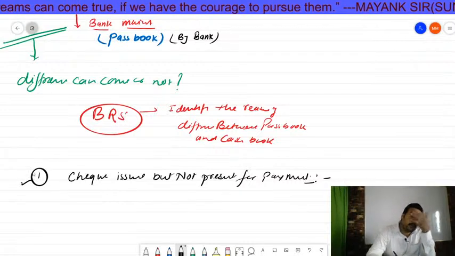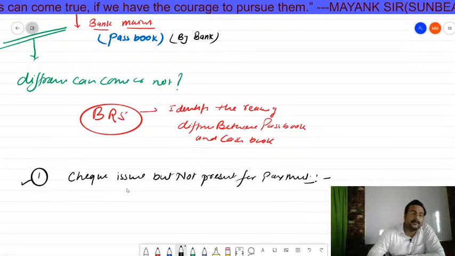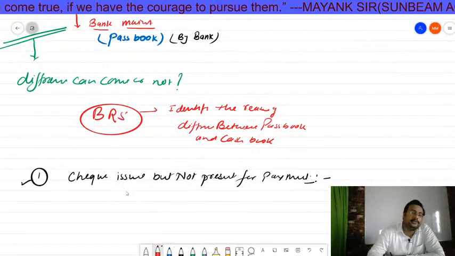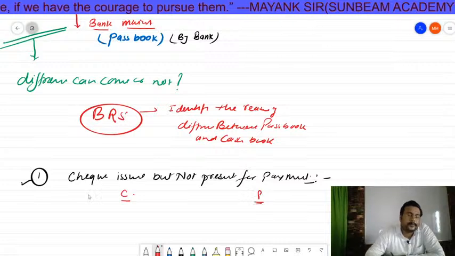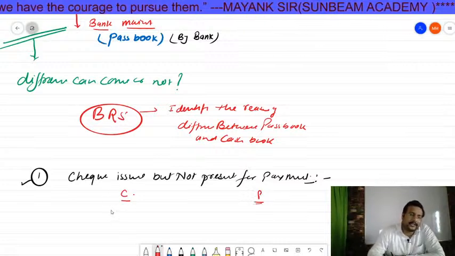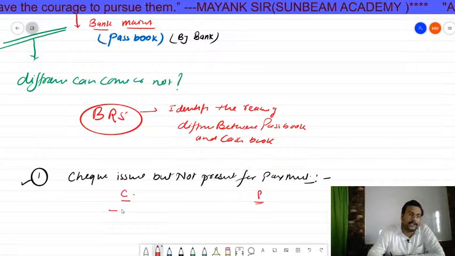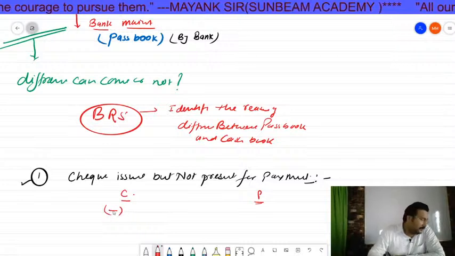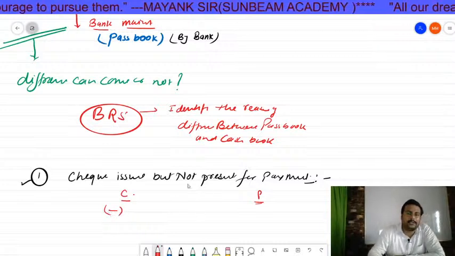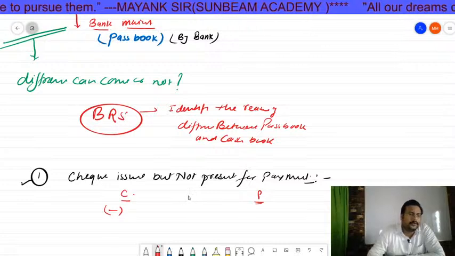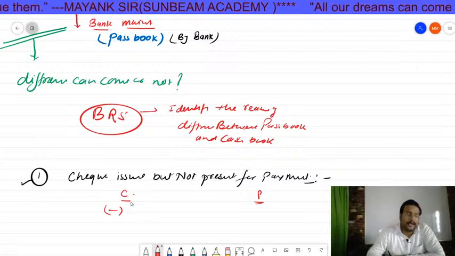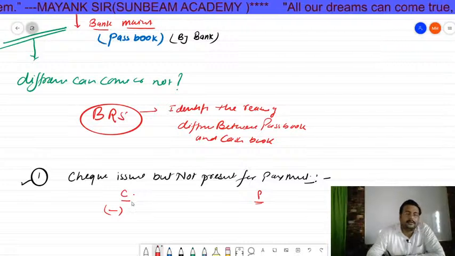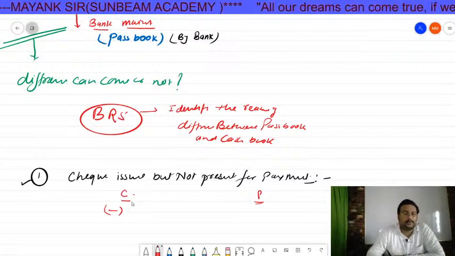Check issued but not presented for payment. Bacha, this is our cash book and this is our passbook. When we issue the check, we deduct in the cash book. I will give you the whole thing in your group. Write it down in your copy and remember that, and after that remembering will help to solve the question.